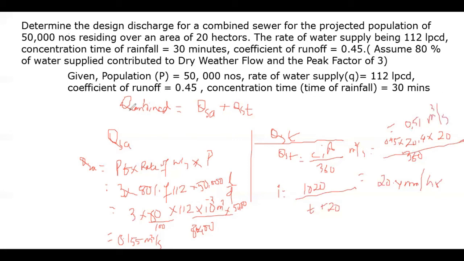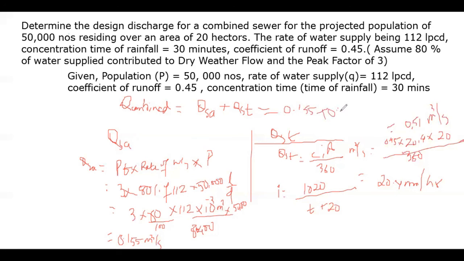So finally we can compute the combined discharge. The amount of discharge passing in the combined sewer can be easily obtained by adding the discharge in the sanitary sewer and the discharge in the storm sewer. So Q sanitary is our 0.155 plus Q storm is our 0.51.